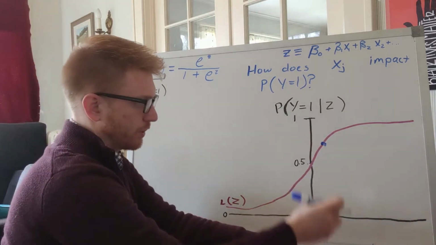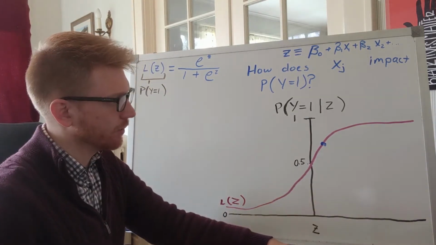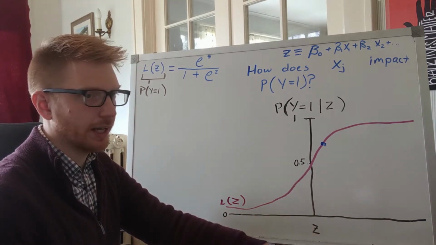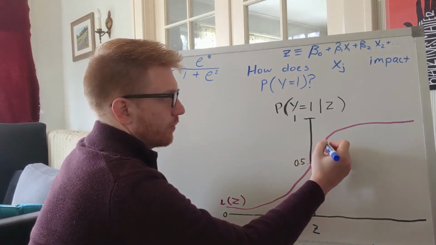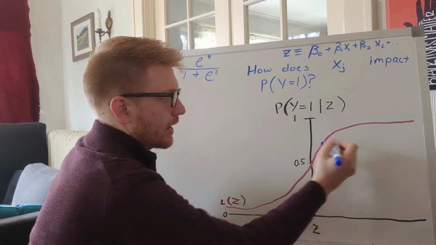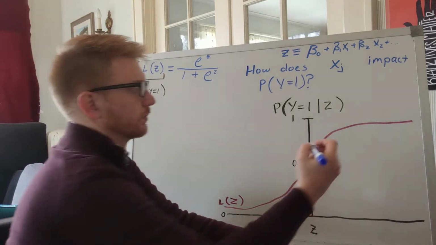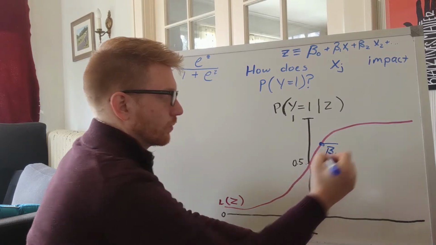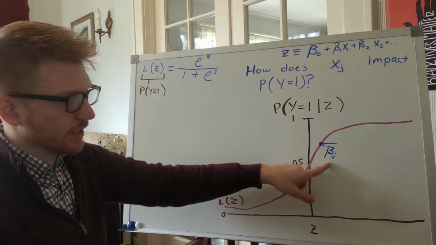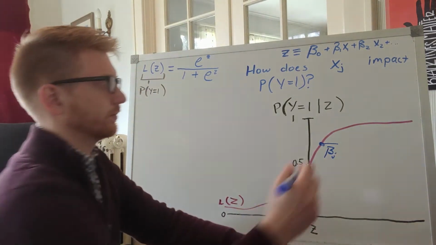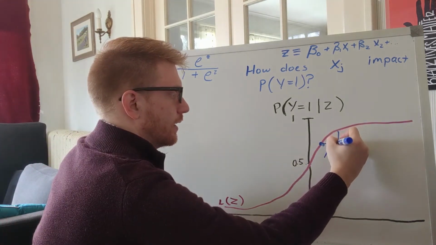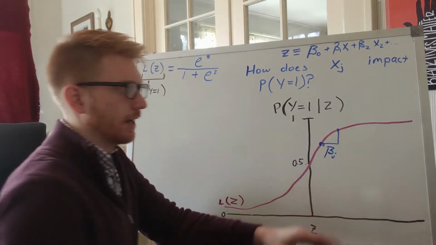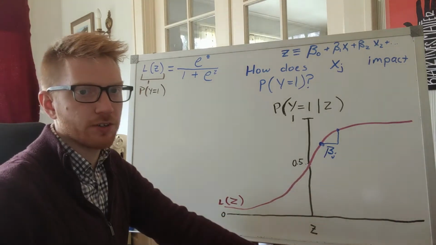We're picking a particular value of z, fairly close to 1/2. And if we're going to change x by 1, we're changing z by beta j.